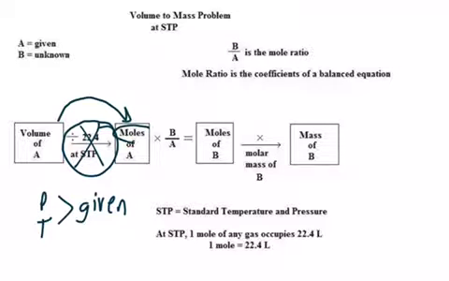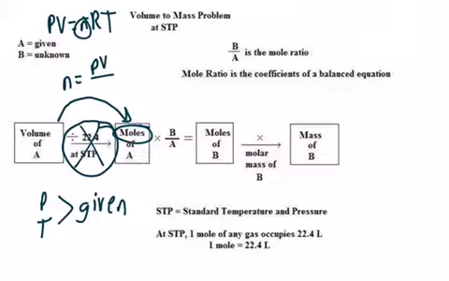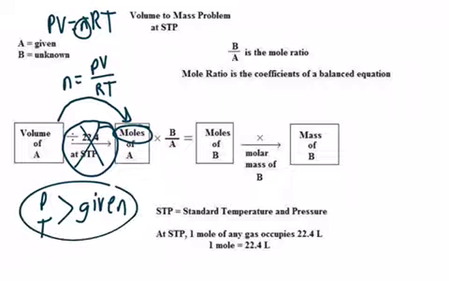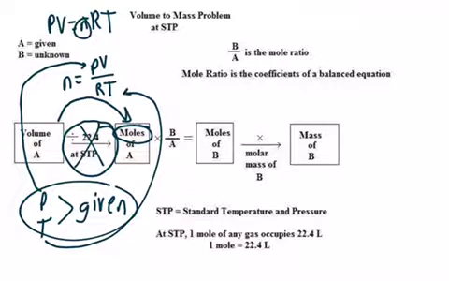Notice what we're looking for this time. PV is equal to nRT, so we're going to solve for moles. Moles is equal to PV over RT. So look at why these are given. You're going to plug the pressure right in there, making sure it's in ATMs, and the temperature in here, making sure it's in Kelvin.